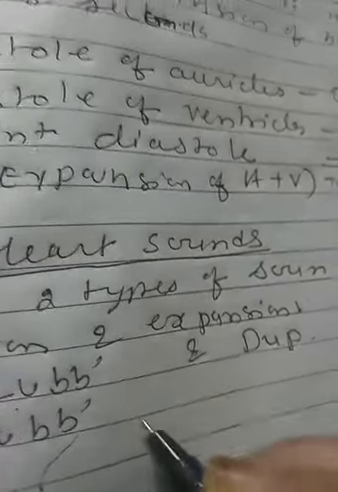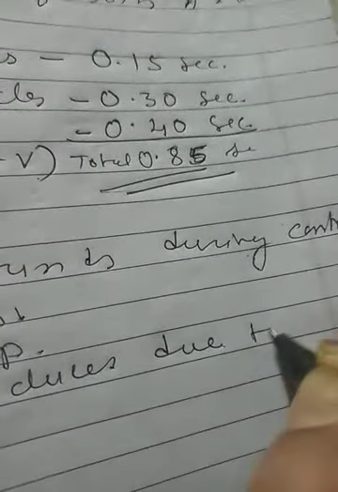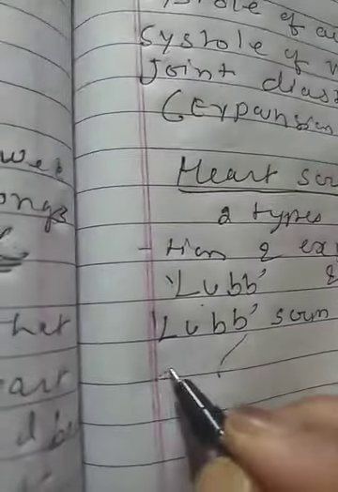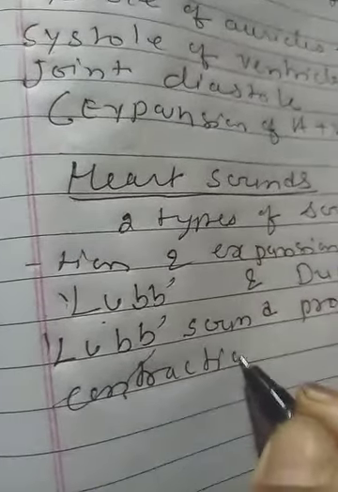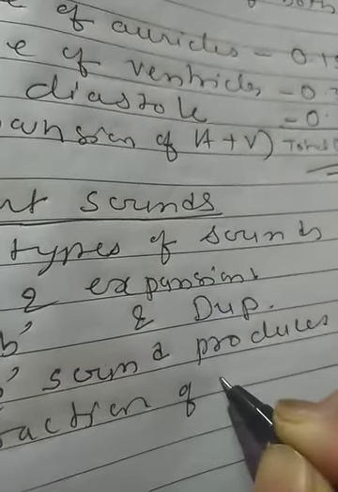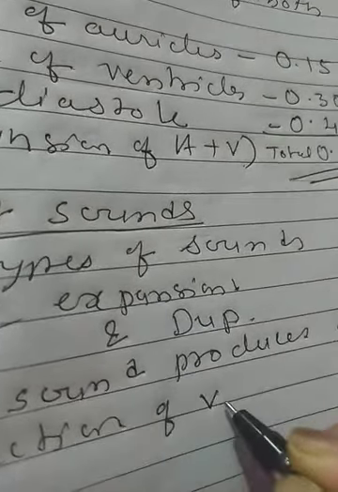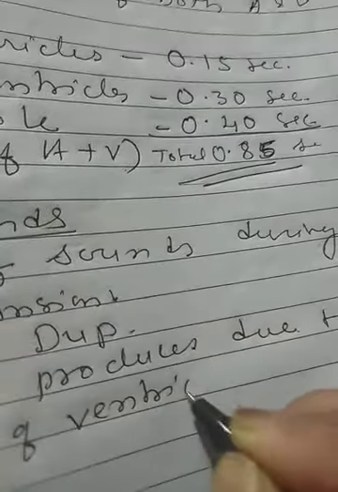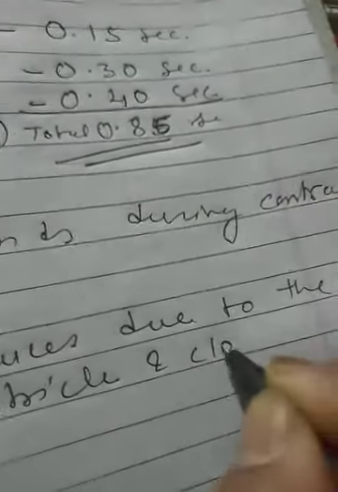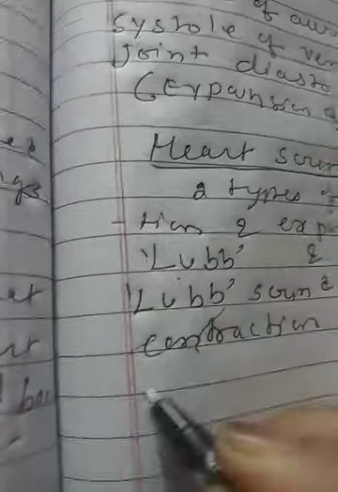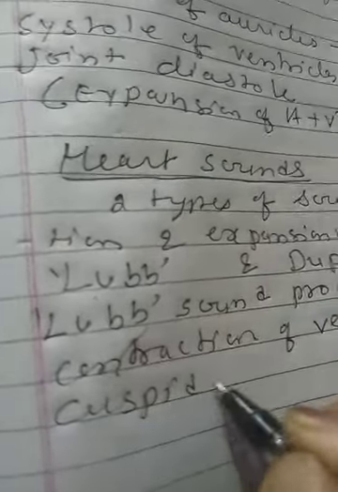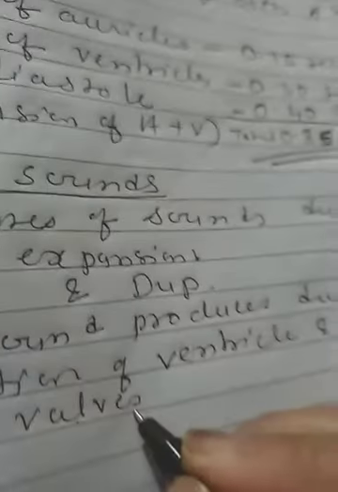Lub sound is produced due to the contraction of ventricles and closing of cuspid valves. All of you know the cuspid valves, bicuspid valves and tricuspid valves.